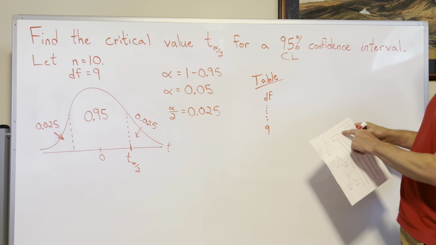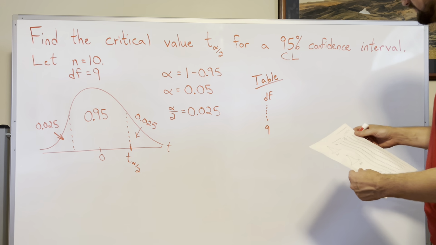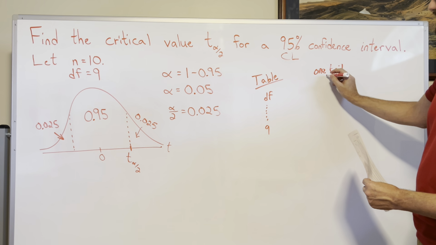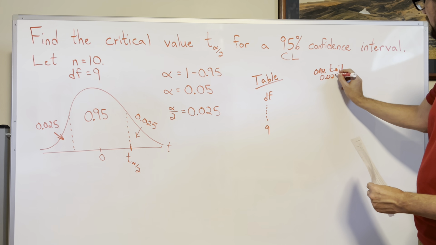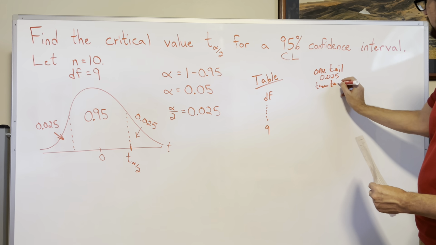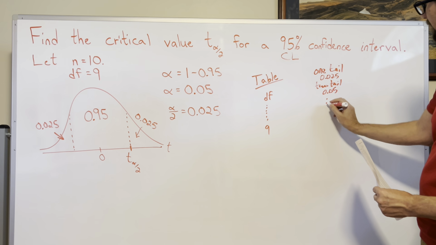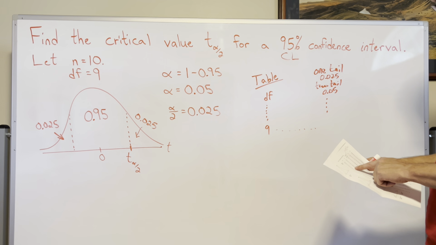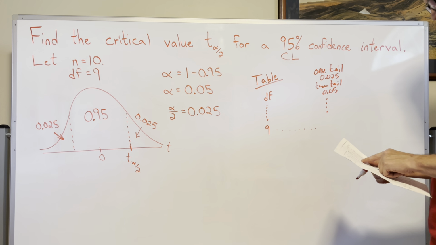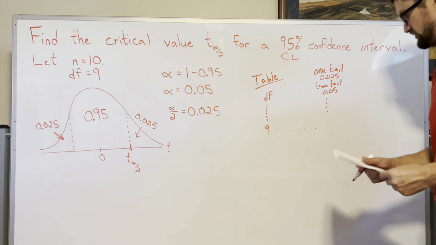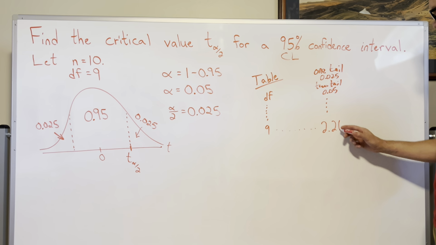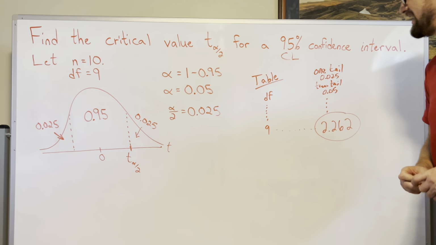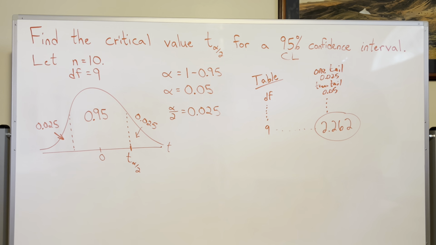So with this table, I'm going down the middle column now. One tail, 0.025, and 2 tails is 0.05. I'm just going to read off that number, and it is 2.262. That would be the critical t value for this situation.